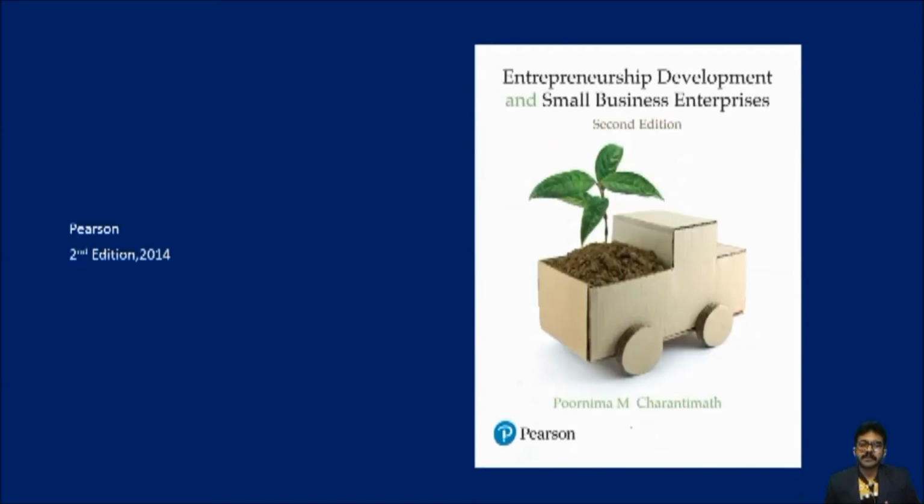The title of the book is Entrepreneurship, Development and Small Business Enterprises, authored by Purnima M. Chirantimat. This is not just a textbook but an important guide for any entrepreneur who has plans to set up his or her own business.